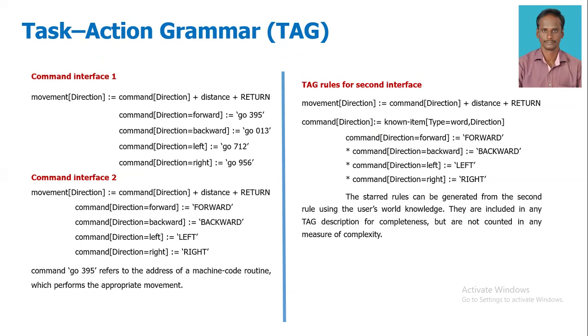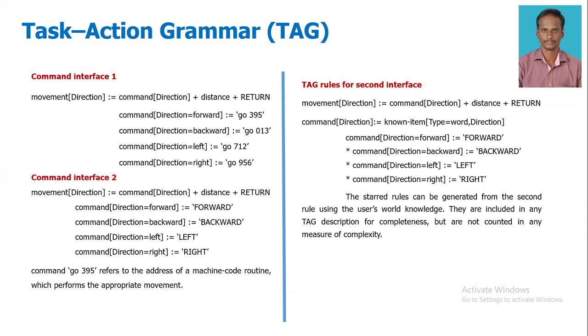So the movement is defined as command direction plus distance plus a returning position. Command direction forward is defined as go, with a machine address given. Similarly, the directions backward, left and right are also given.